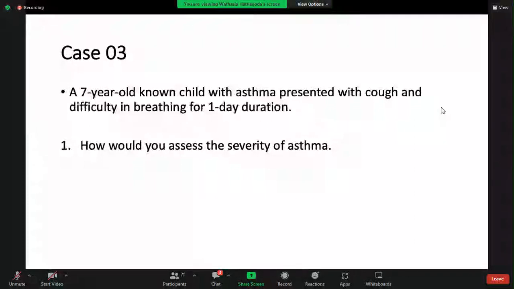Madam, we can see whether the child is tachypnoeic or breathing normally, whether the child is agitated, drowsy, or there are any signs of cyanosis. And objectively, we can assess oxygen saturation, SpO2, whether it's less than 92 or above 92.